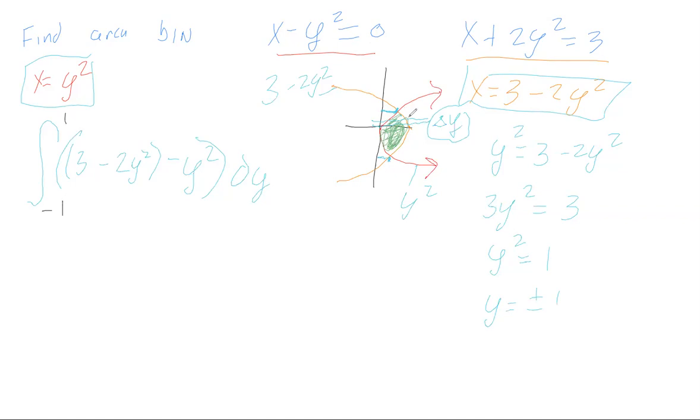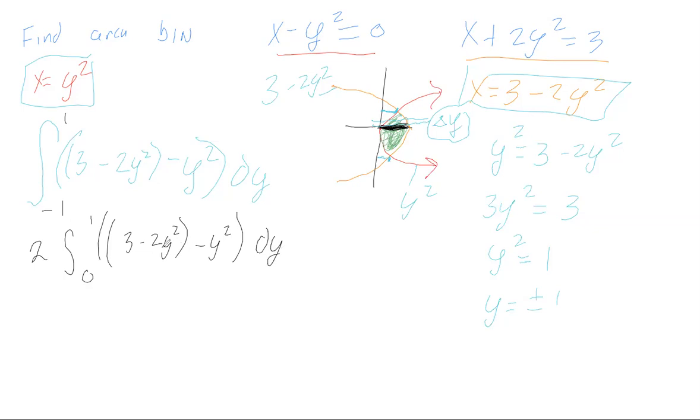If you know anything about these two functions, and we talked about even and odd functions, this isn't specifically even, but it has a symmetry where the amount of area below the x-axis is the same as the amount of area above the x-axis. So I'm going to double the amount of area between 0 and 1 of this function. So we have 3 minus 2y squared minus y squared dy.